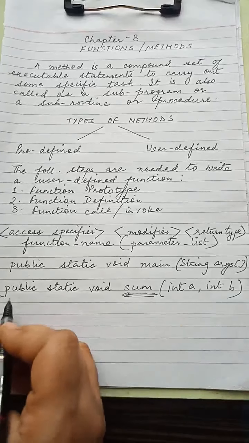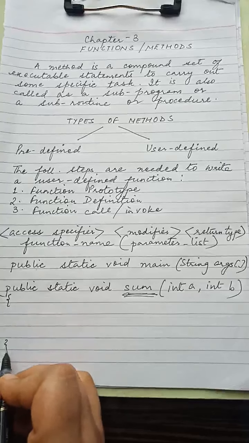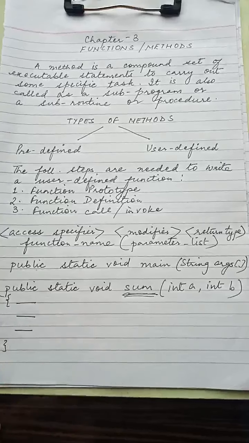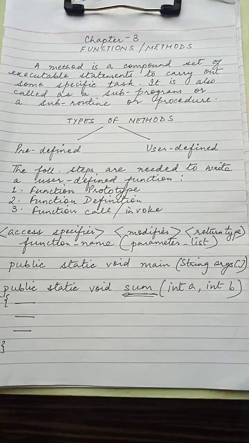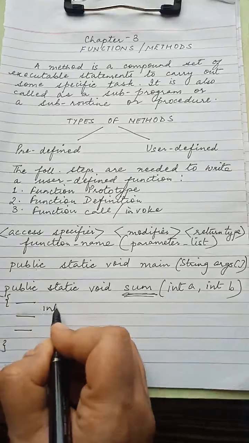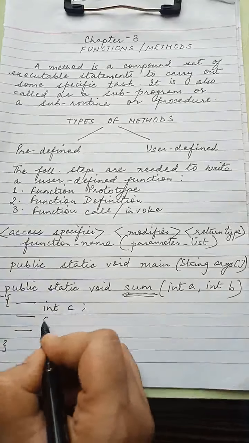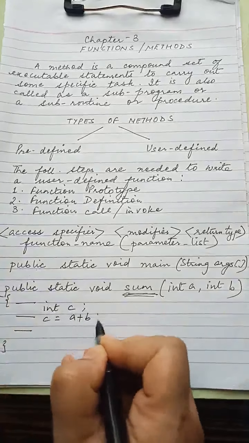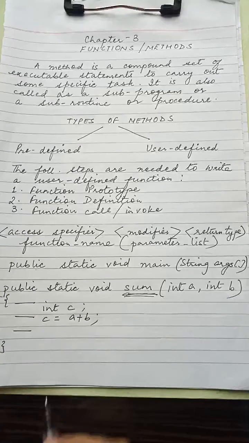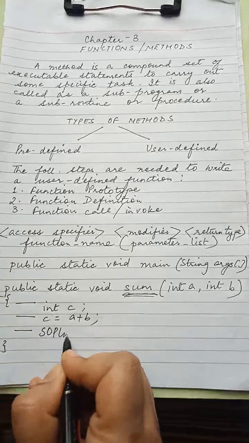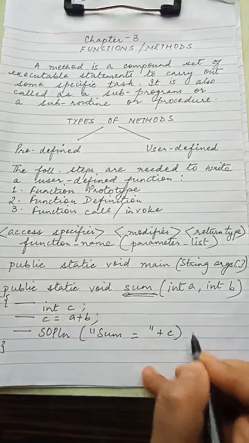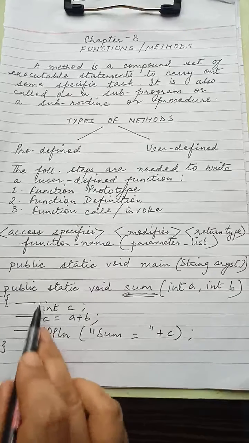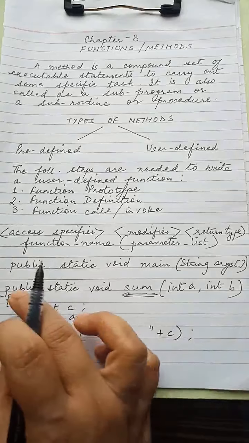Now comes the function definition. Function definition means the statements which are written inside the curly braces of the function. Understood? If I declare another variable here, int c, and I say c equals a plus b, where a and b are being passed as parameters, and then I write System.out.println, sum equals c. So these three statements comprise the function definition.